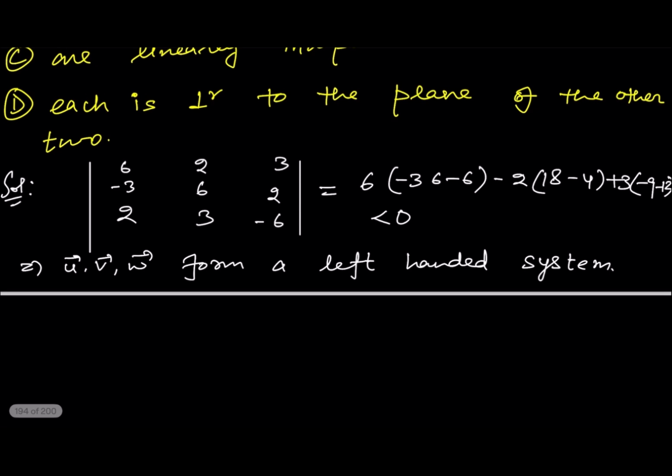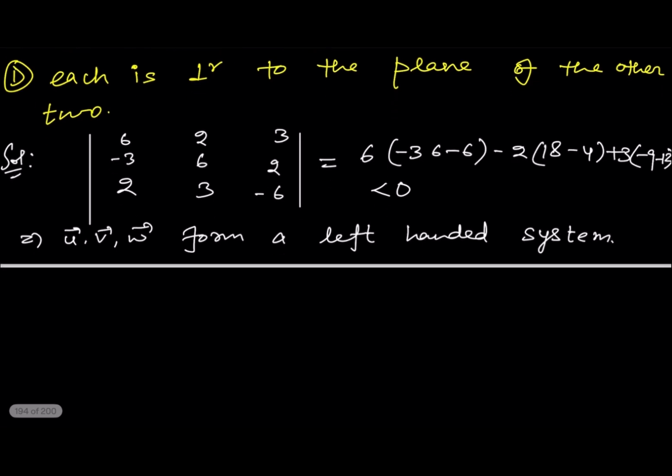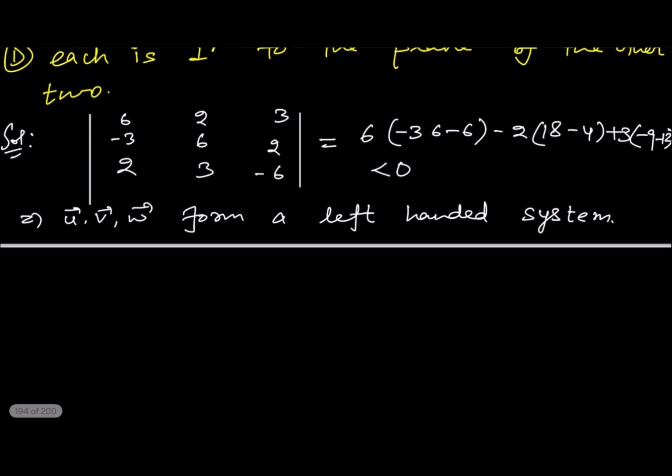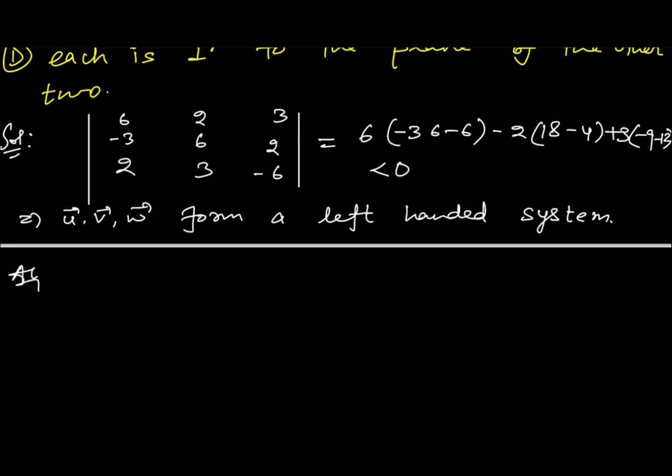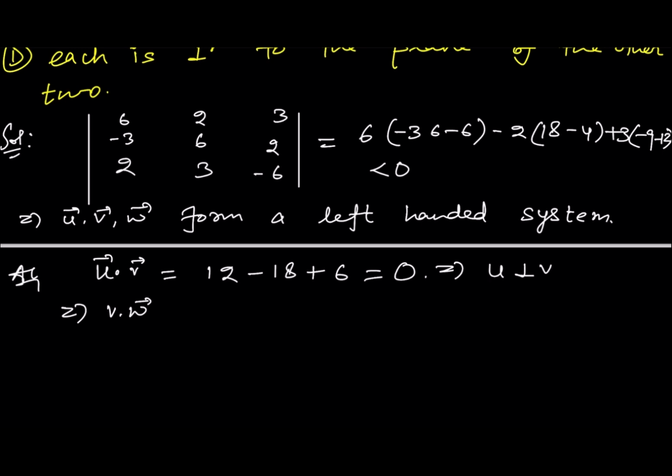So for perpendicularity, we usually see dot product. Also u dot v is 6 into 2 minus 6 into 3 plus 3 into 6, which is 0. It means u is perpendicular to v, right? V dot w is 2 into 3 is 6 plus 6 into 2 minus 6 into 3 is 18, which is 0.